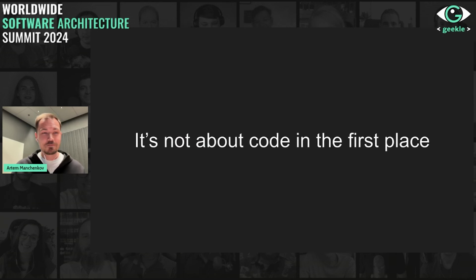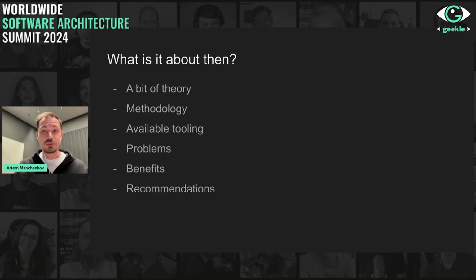First of all, I want to highlight that this talk will not be about the code in the first place. We will cover some practices that can be used to improve our development experience and software architecture experience, regardless of particular language or stack. Here's what we have for today.